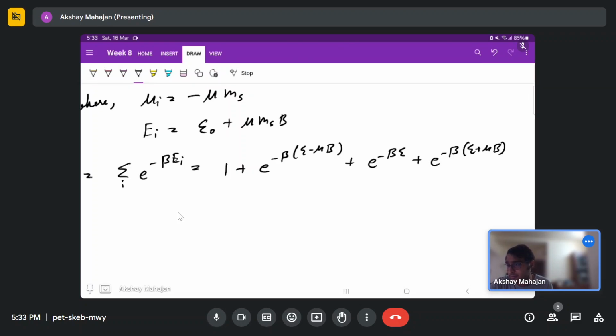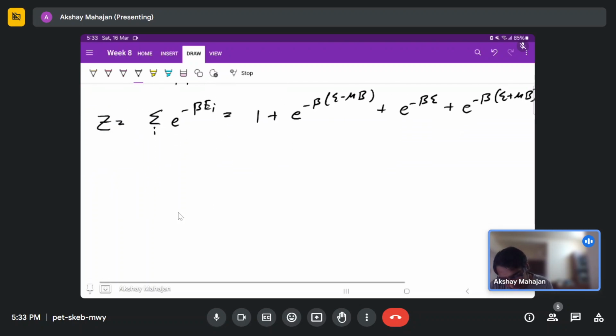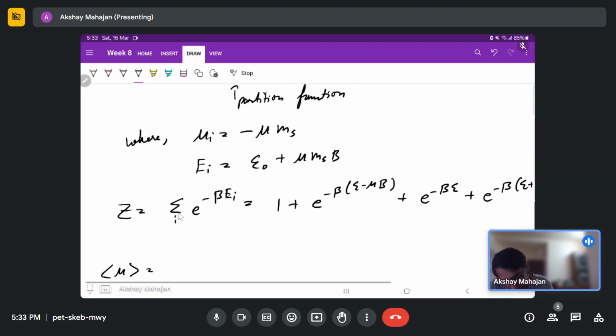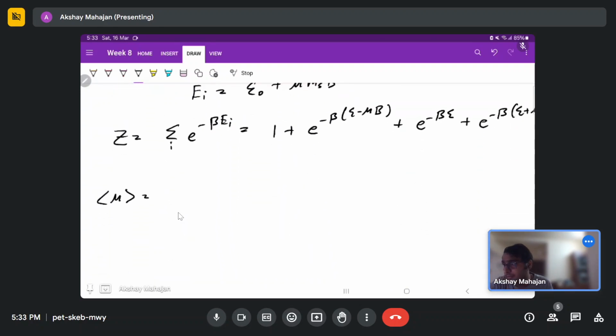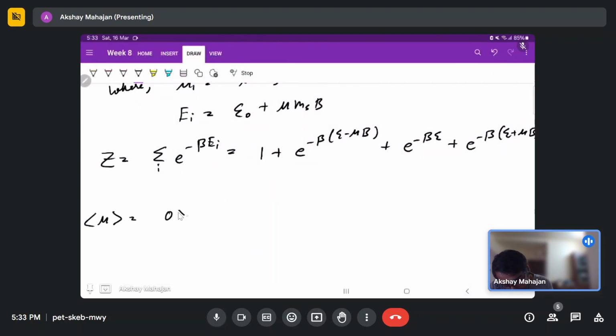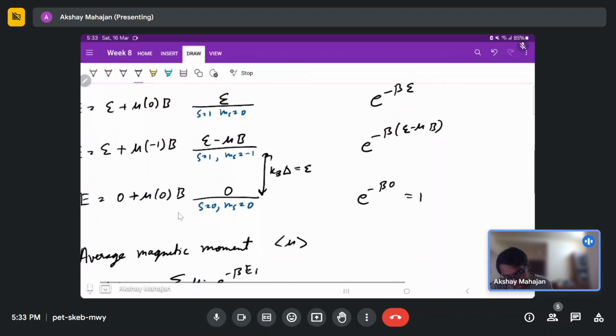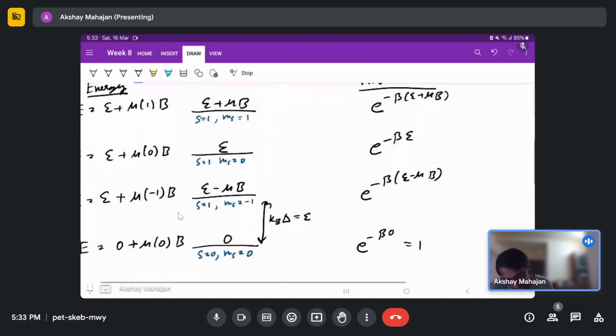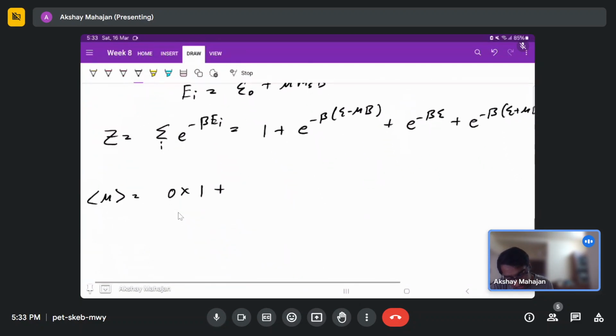Then the average magnetization will be equal to, first we will have the ground state, which has m_s equal to 0. So it will be 0 times 1 plus, next we will have the magnetic moment given by minus mu times m_s, with m_s equal to minus 1, so it will be plus mu times e to the power minus beta (epsilon minus mu B).